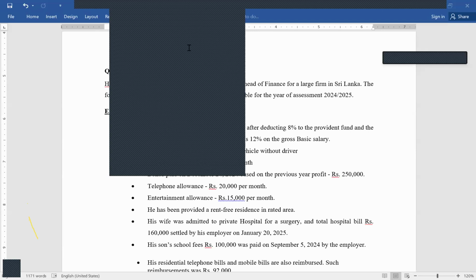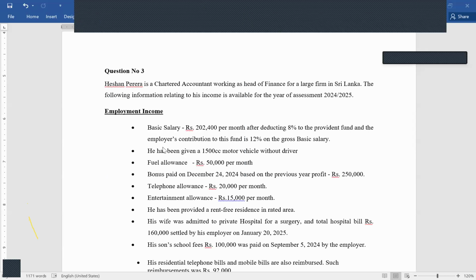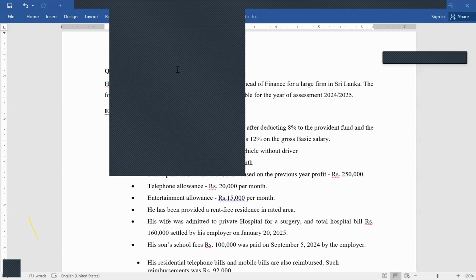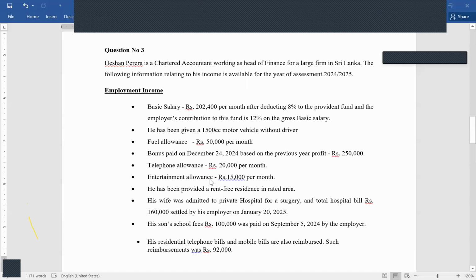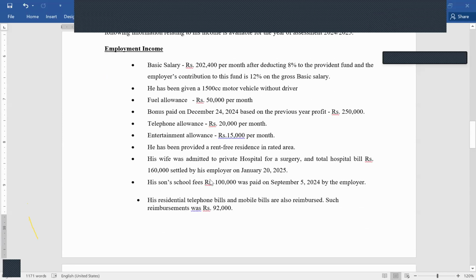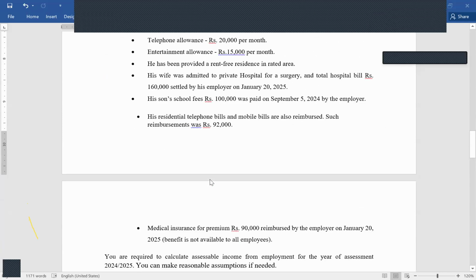Assume the provident fund is approved by the CGIR. Then you can mention the employer's contribution as an excluded amount. If it is not approved, this amount is included. Now, let's see. Okay. Then we can move to the next question.